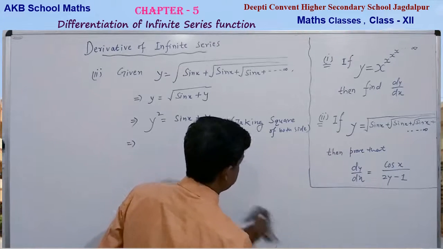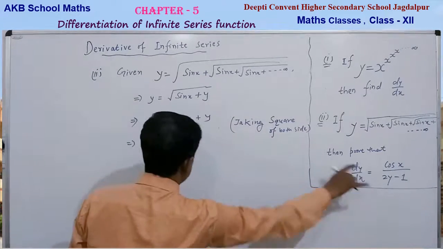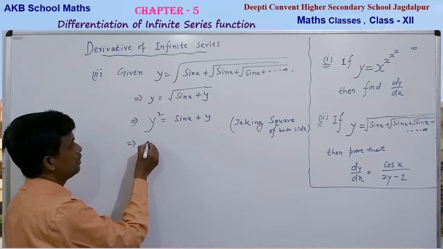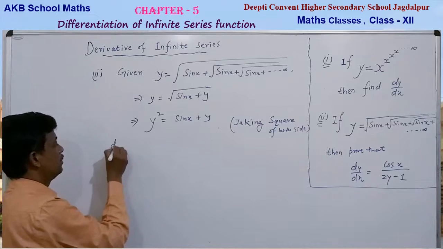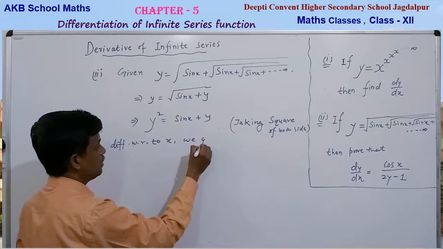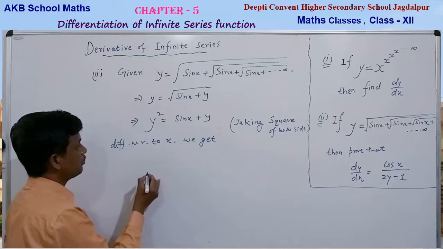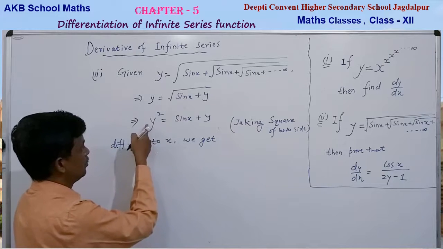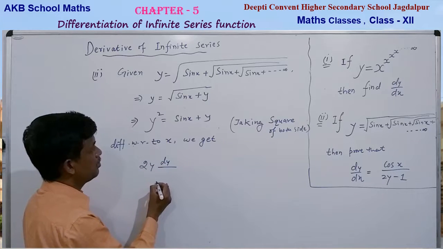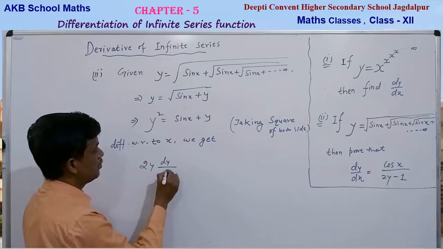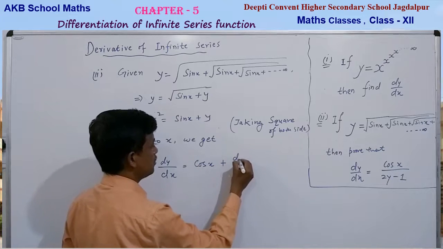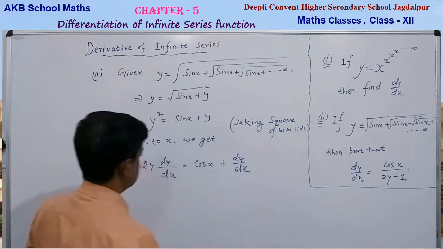Differentiating y square with respect to x, as a composite function, we get 2y dy upon dx equals the derivative of sin x, which is cos x, plus dy upon dx.